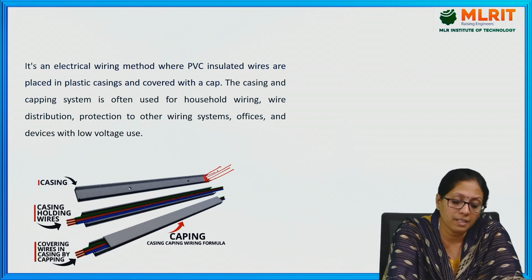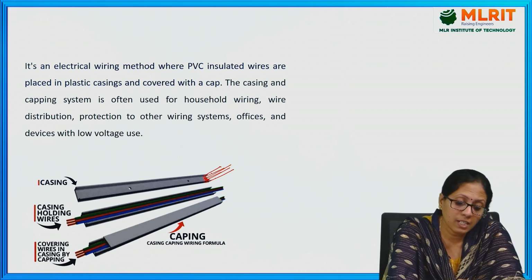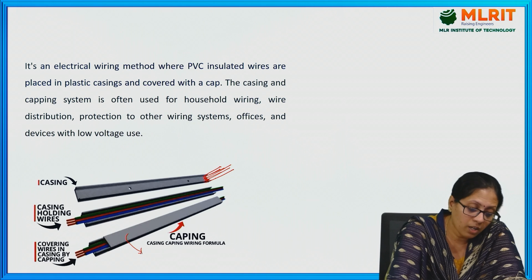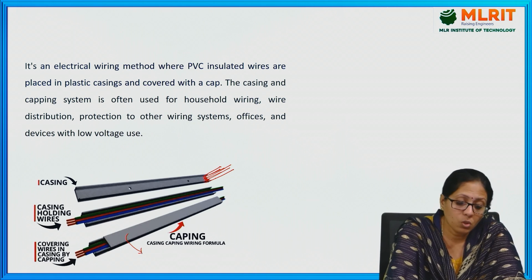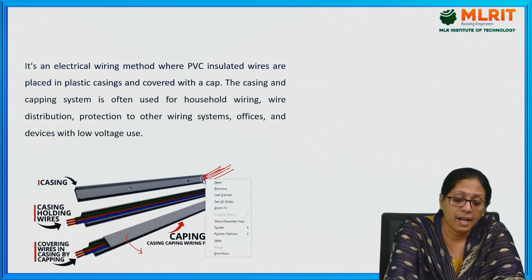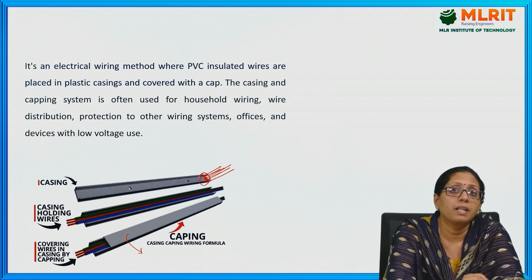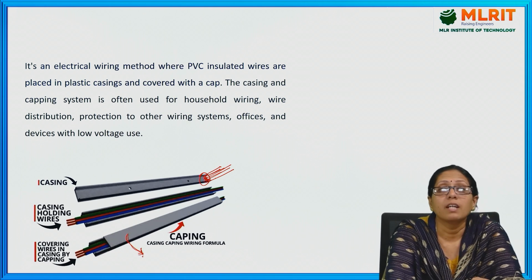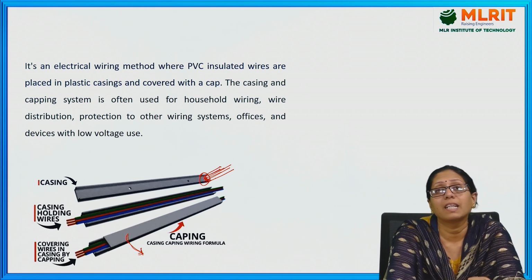We place different conductors inside this casing, and the casing is closed with a capping. So casing is available, and inside it the conductors are provided and closed with the capping. That is why it is called casing and capping wiring.